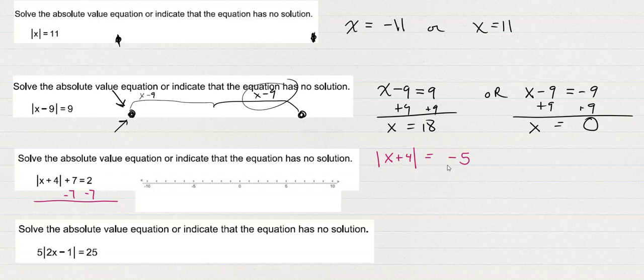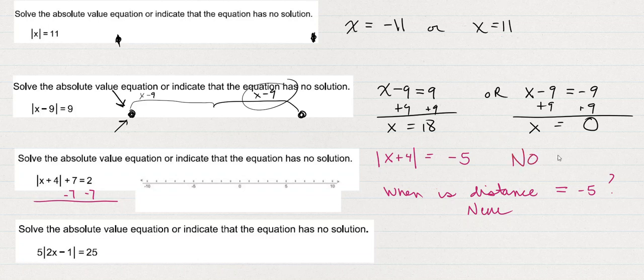But wait, when is a distance negative? And the answer is never. So what could I put in for x and get a negative distance from 0? There's no value of x that works.